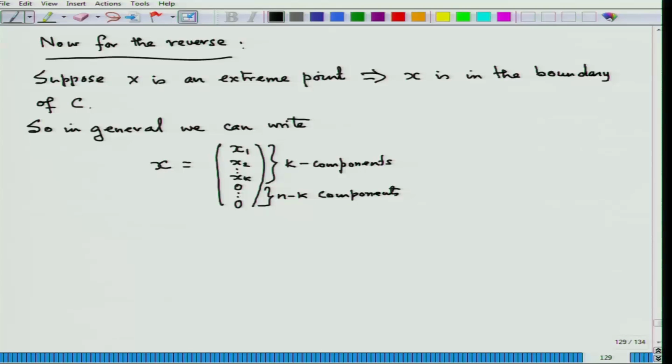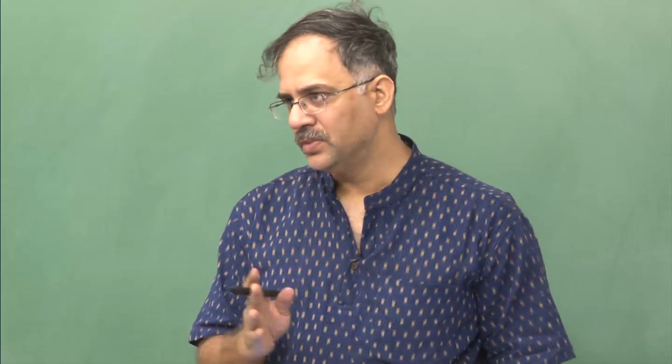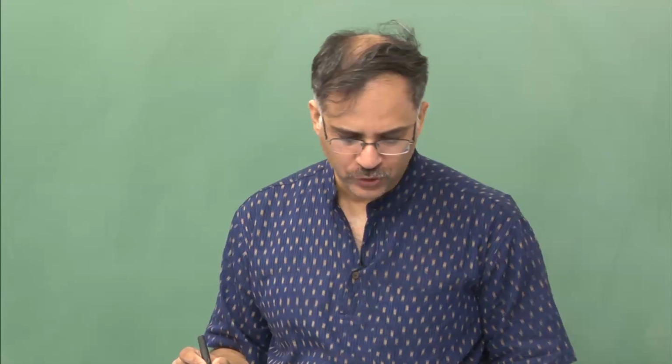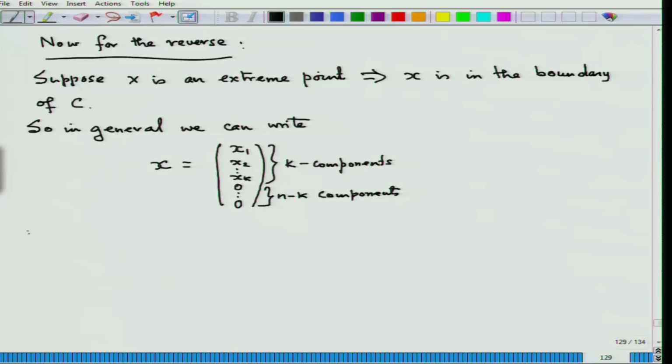Now, corresponding to these k components, there are k columns in the matrix A. So, suppose x_i is strictly greater than 0, i equal to 1 to k. So, these are non-zero components and these are 0 components.